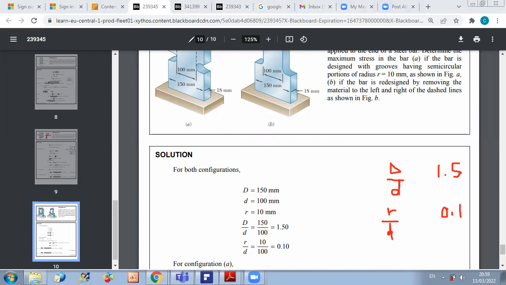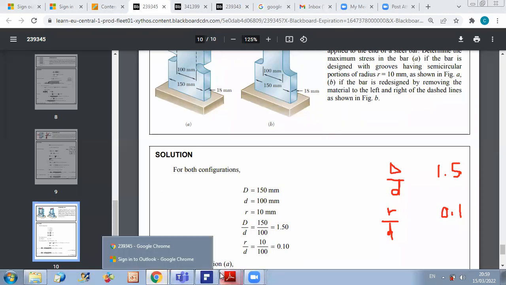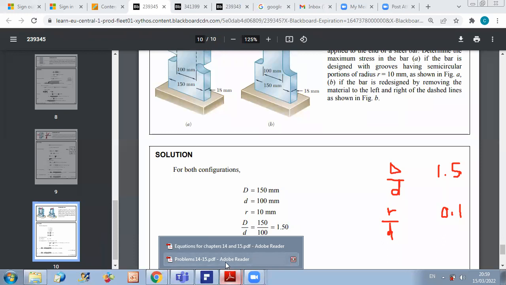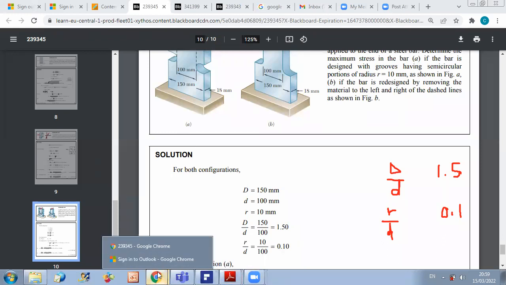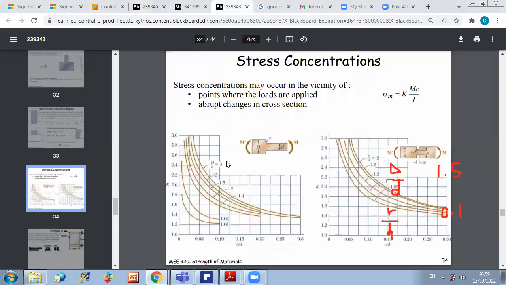Now, going to my graph, I say that first for the first geometry, so I have two geometries here, okay? This is geometry B in my problem, and this is geometry A, okay? So let me determine first for geometry A what's happening.